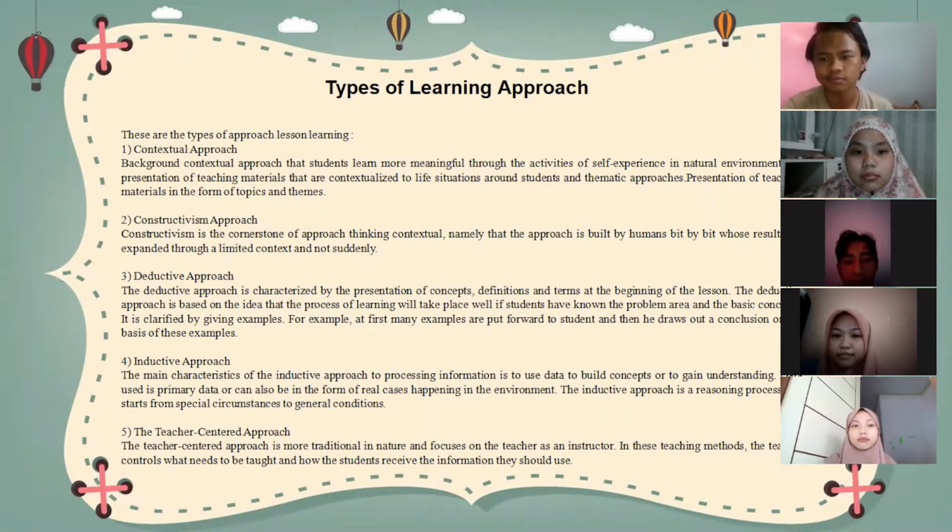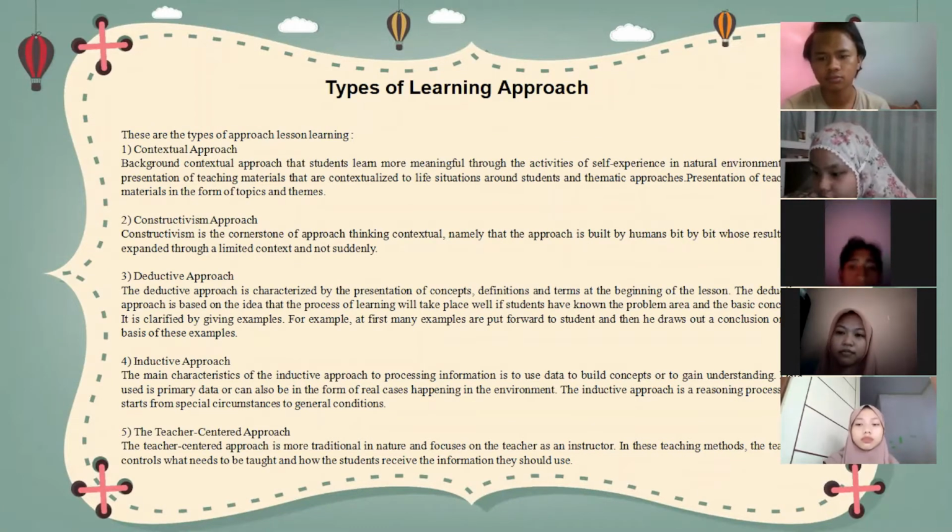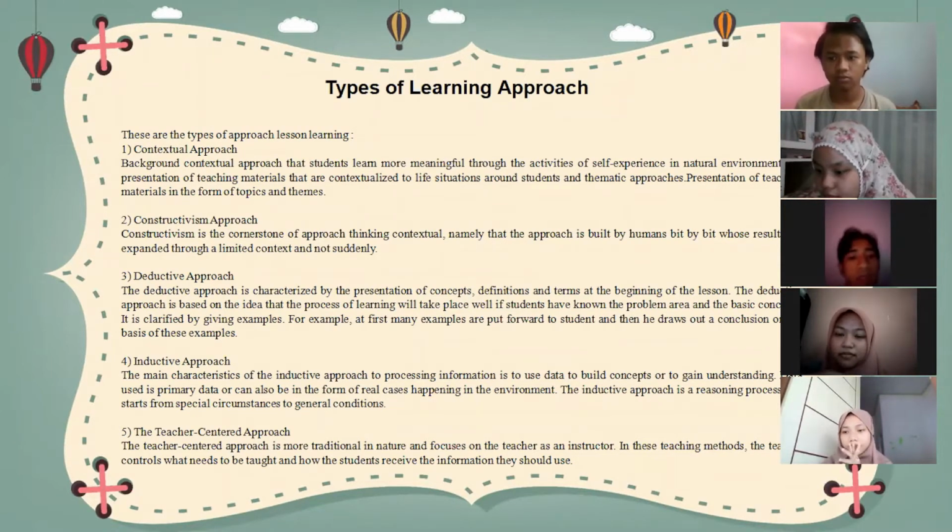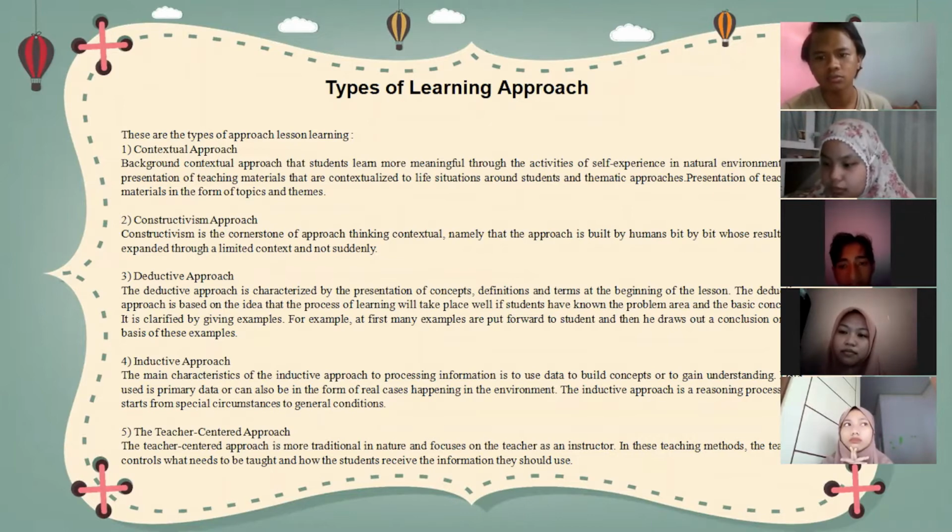Then the next material is the types of learning approach. The first one is the contextual approach. The background of the contextual approach is that students learn more meaningfully through the activities of self-experience in a natural environment.